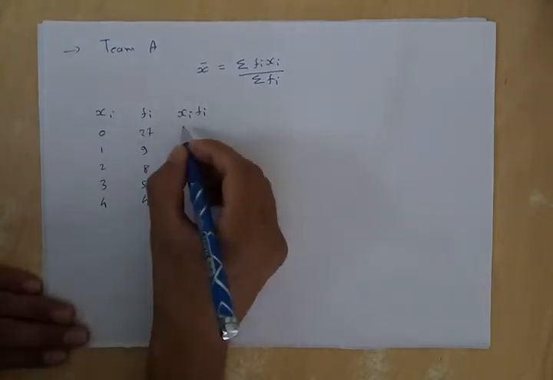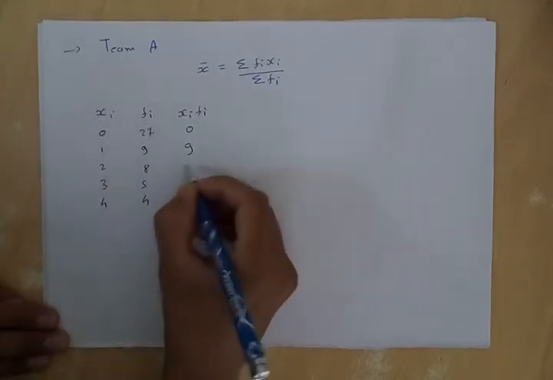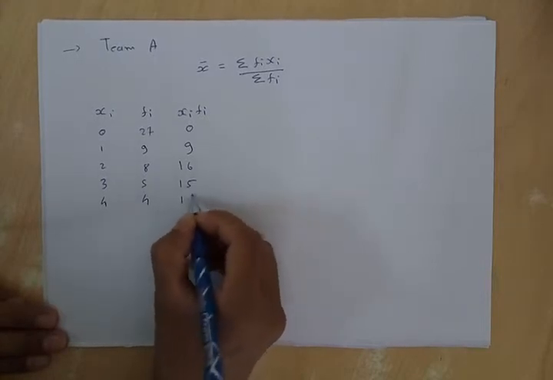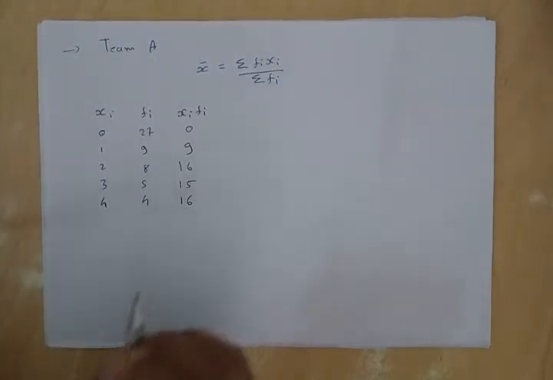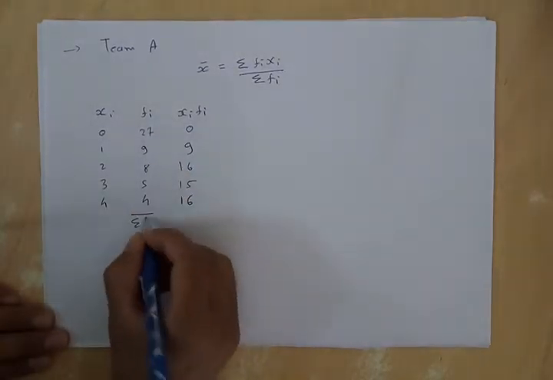0 times 27 is 0. 9 times 1 is equal to 9. 8 times 2 is equal to 16. 5 times 3 is equal to 15 and 16. So we will do summation of these values in order to get sigma fi.